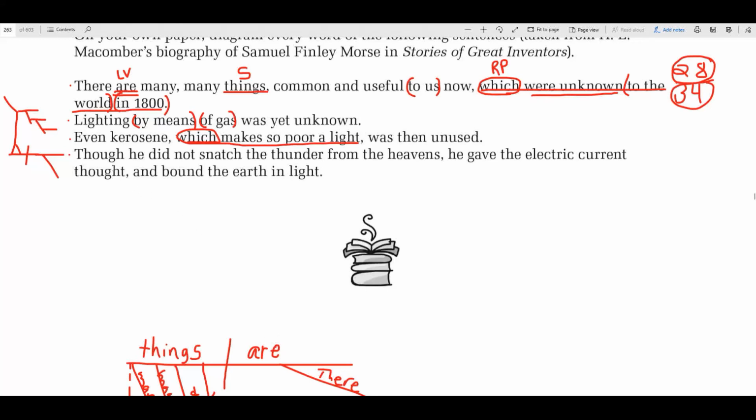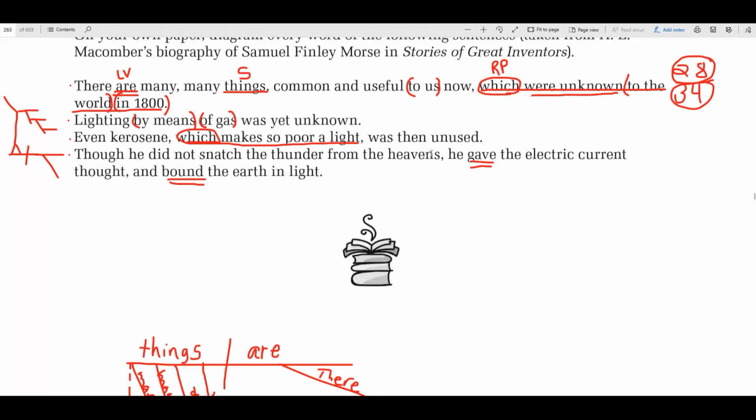Now, this word is one of those subordinating conjunctions. So that means that "though he did not snatch the thunder from the heavens" is your dependent clause. "He gave the electric current thought." You've got compound verbs in your independent clause.